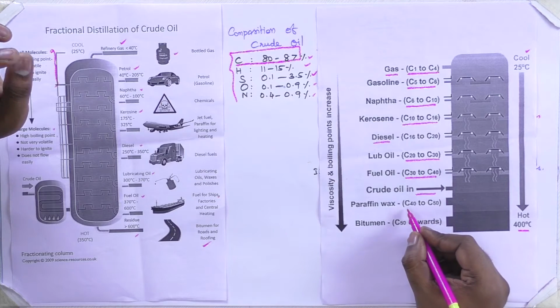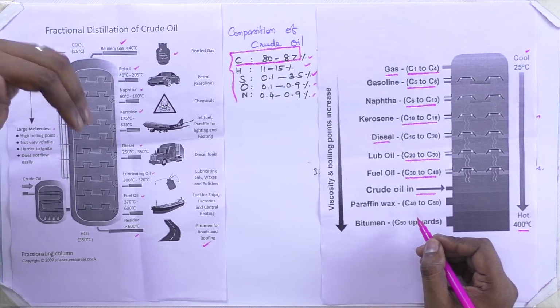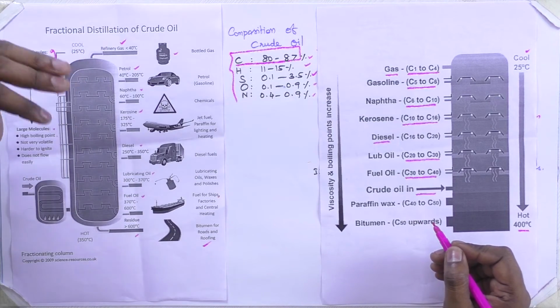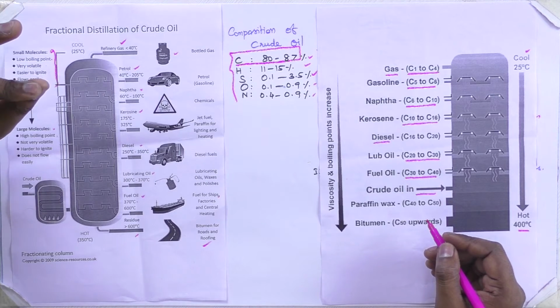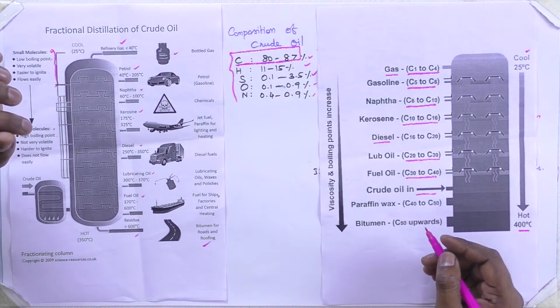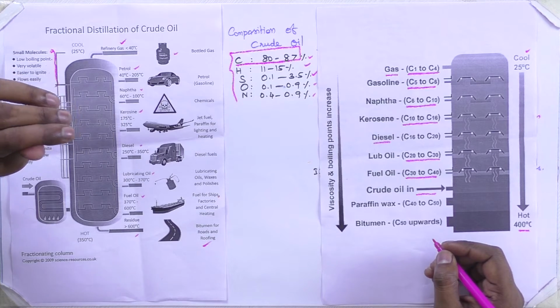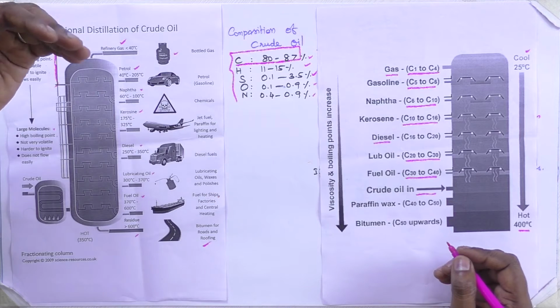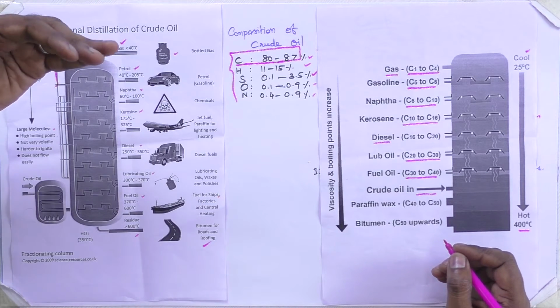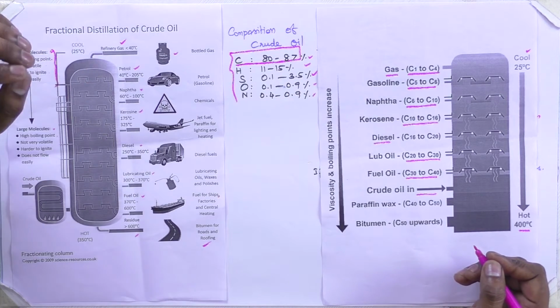Paraffin wax comes under C42 to C50, and the waste material also used in asphalt is called bitumen. That has C50 upwards, more than 50 carbons. While increasing the carbon numbers, the viscosity and the boiling point also increase. So these are the main criteria to find out which is a good fuel for our purposes.